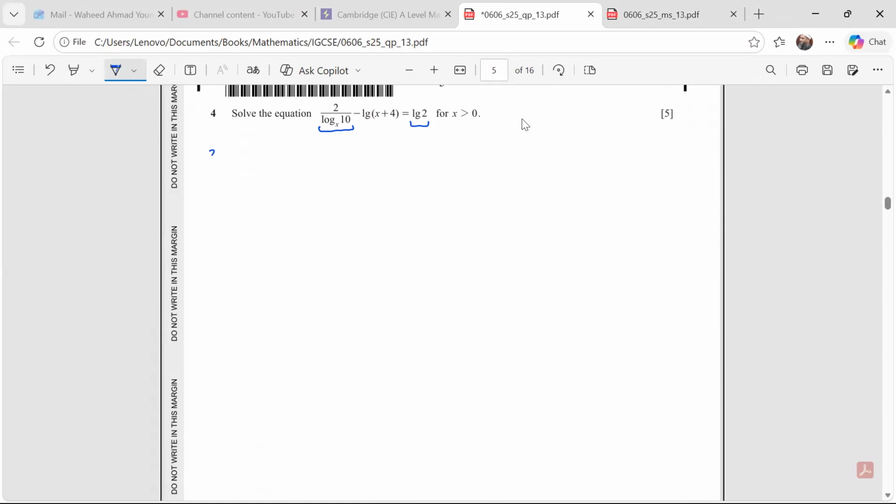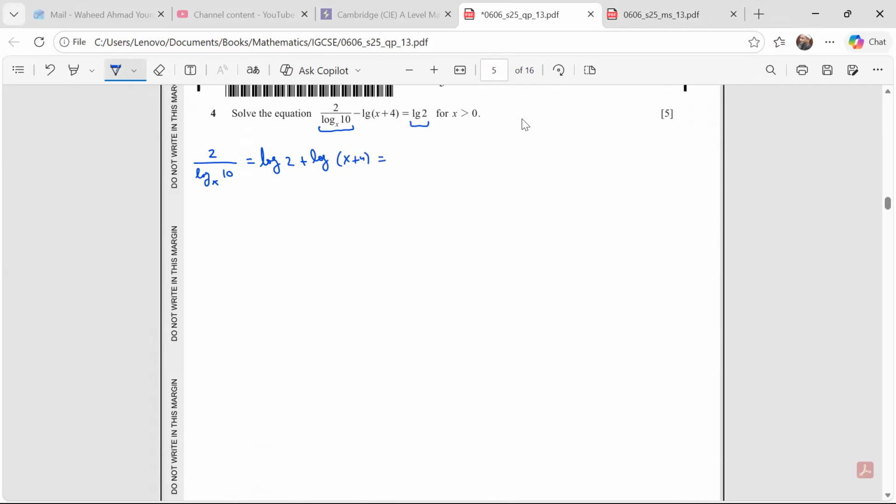So let's begin. This is 2 divided by log base x of 10. If I bring this to the other side, and instead of writing only lg, I will write log, and log means base 10, it becomes log 2 plus log of x plus 4.